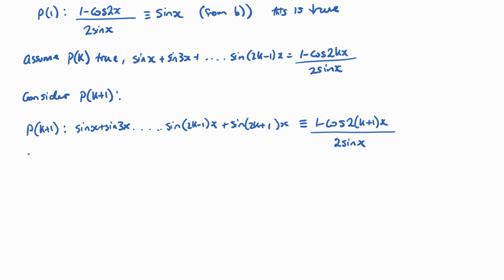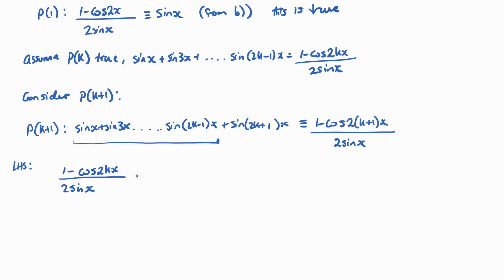Now let's work with the left-hand side here. Essentially, from here all the way to 2k minus 1 times x, we know that is essentially (1 minus cos 2kx) over 2 sine x.